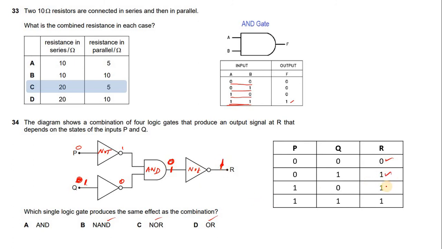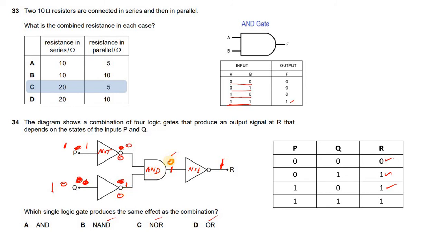So you have R 1. Now if you do P 1 and Q 0, so this is 1, but this is 0, so this is 0, and 0 gives you 1. And if any input is 0, the AND output will be 0, so it will be 1, so this is 1. And if both P and Q are 1, then both outputs of the NOT gate will be 0 and 0.